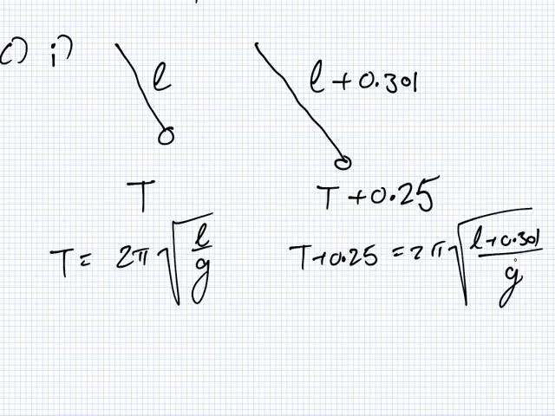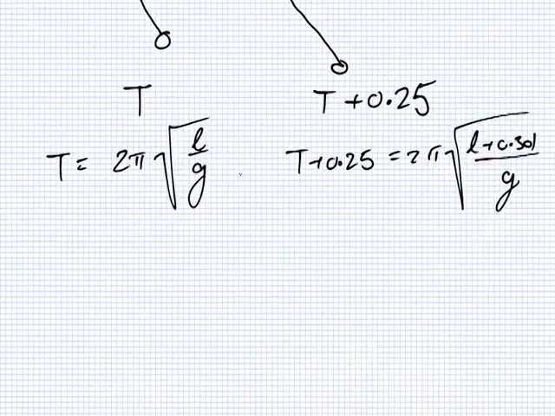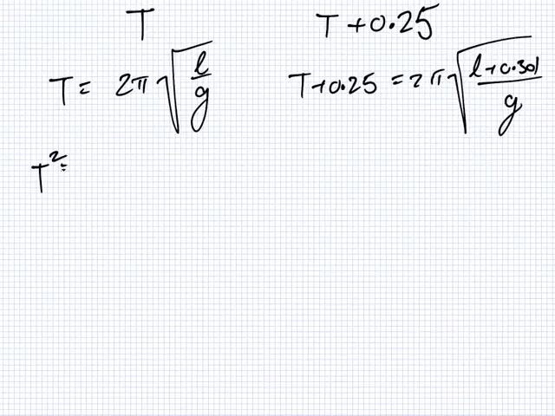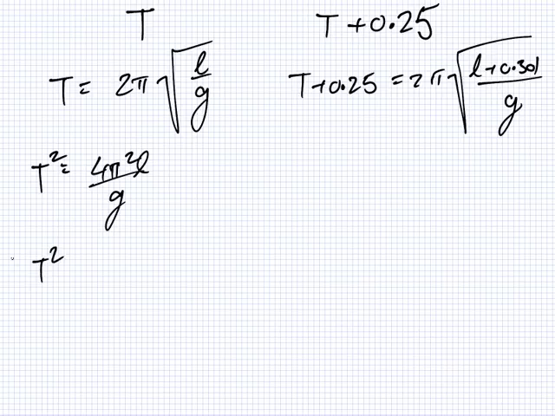Right, what do you think, Karen? I think we should square the whole thing. Oh, I really don't want to, but I think you're right. Okay, so I get T squared equals 4 pi squared L over G. So I have GT squared over 4 pi squared equals L. You're happy with that?